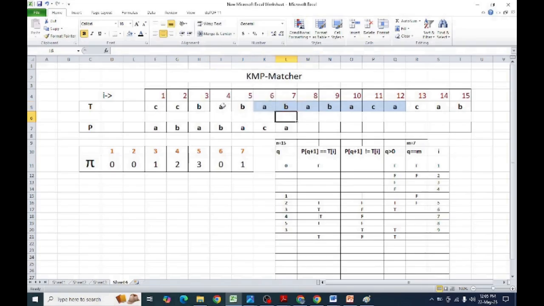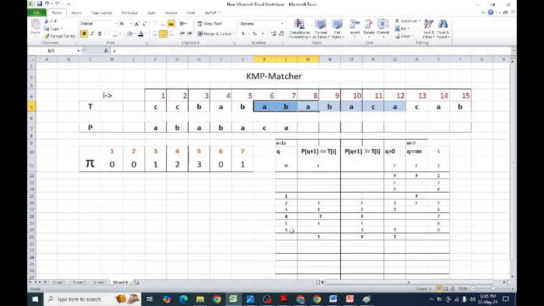If you consider ABA, this length of the proper prefix can be a suffix. So ABA, we have received 3 characters properly, then there is a chance that there will be a match.